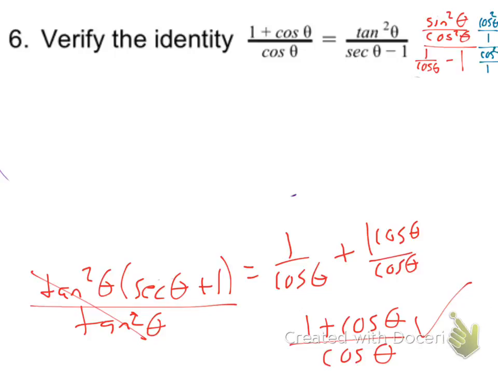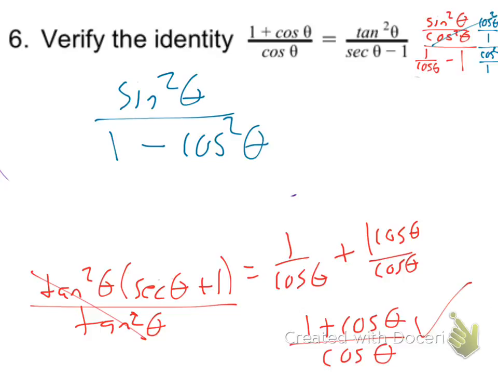And so, wait a minute, cosine squareds cancel, leaving me with sine squared theta over 1 minus cosine squared theta. Because I would have to distribute here. Oops, not 1. Sorry.